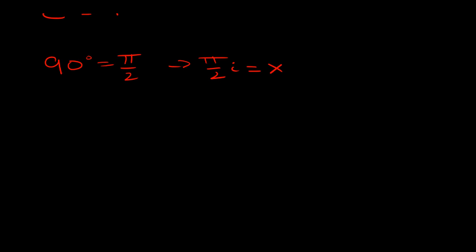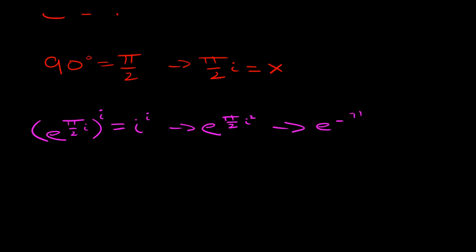Now we can just plug all of this into x. e to the pi over 2i all to the power i is equal to i to the power i. If we simplify the left side, we get e to the pi over 2 i squared, which simplifies to e to the negative pi over 2.